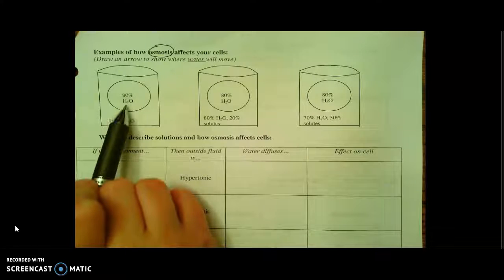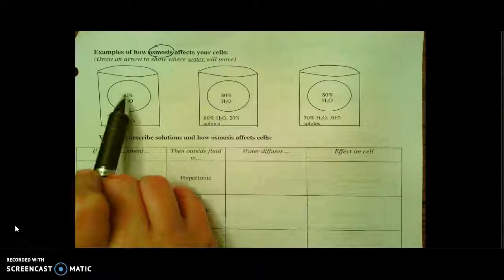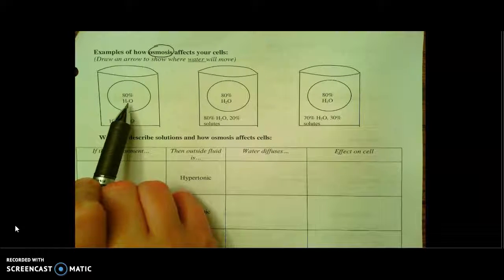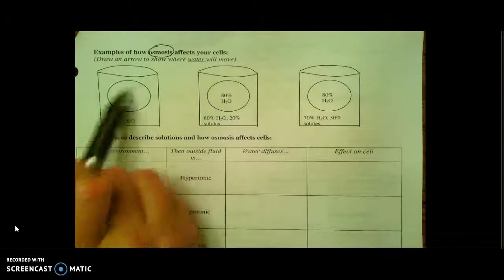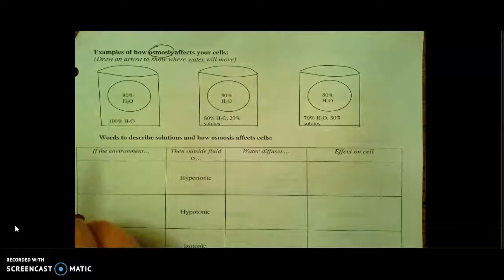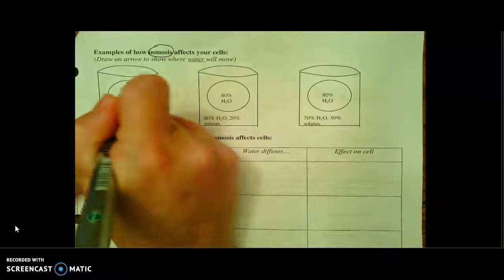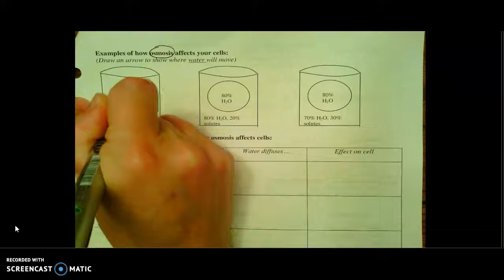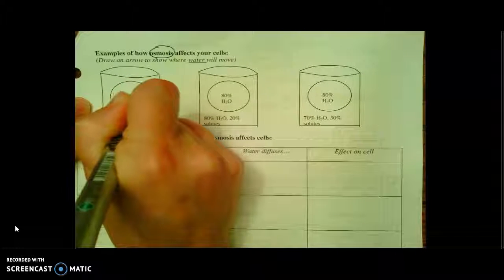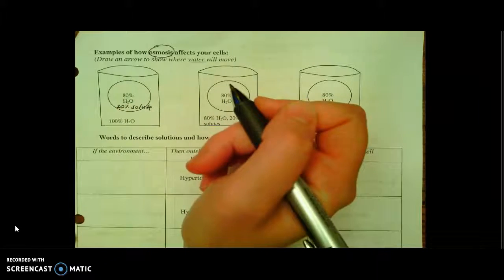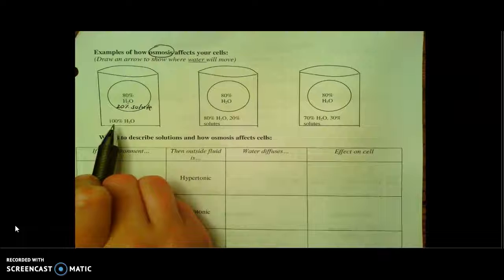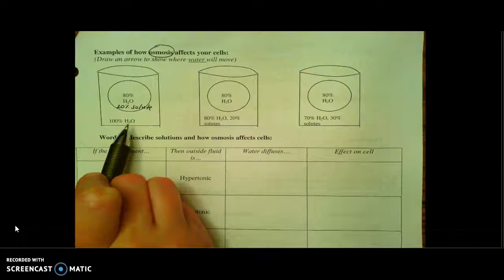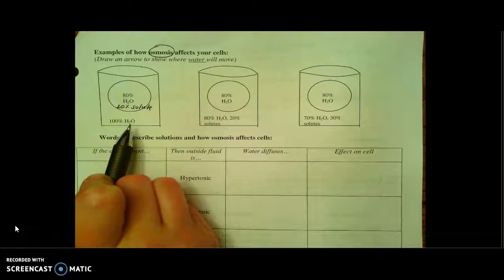Notice if they're giving us a percentage of water or solvent, we can then make some assumptions about the percentage or concentration of solute. So if the cell is made up of 80% water, we can then infer that that cell must be 20% solute. As we look at the surrounding solution, it says 100% water, so therefore we know that there is no solute.